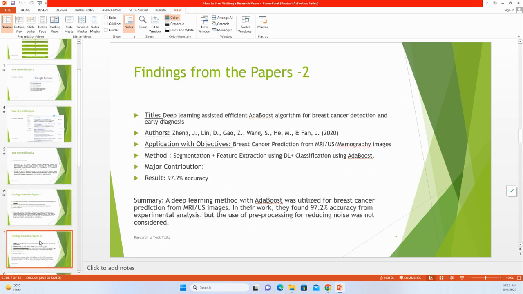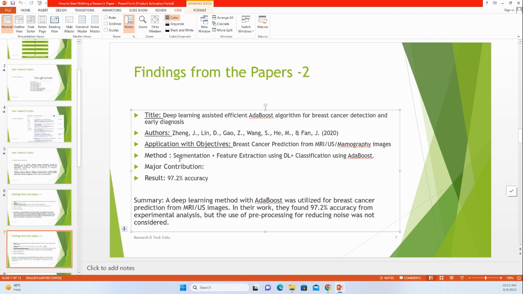And if you have a look at paper 2, then what are the findings? Similarly, we know the title, we know the author's name, and since we have chosen breast cancer prediction, it is the same objective, but their application was MRI, ultrasound, and mammography images.